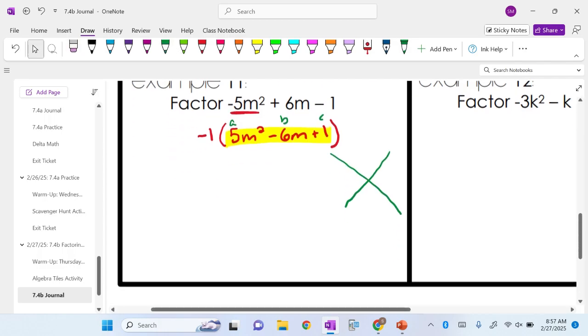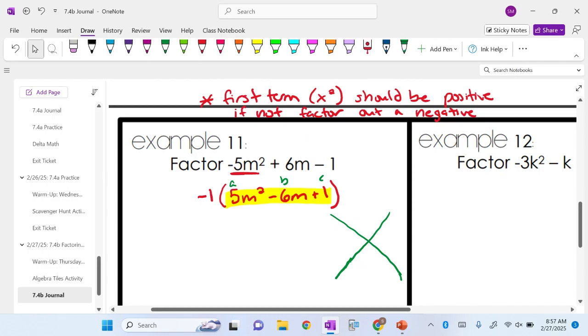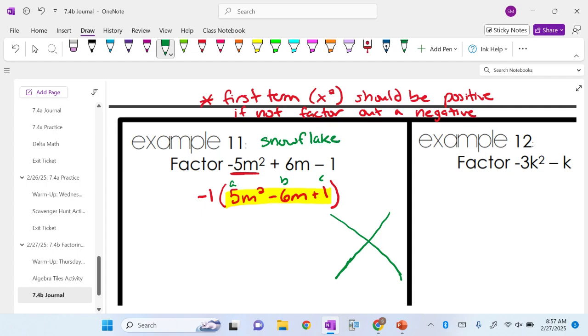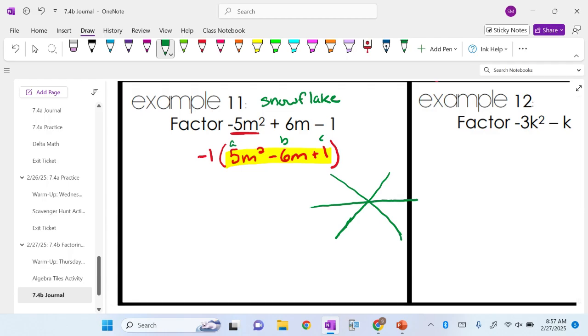And just to save some time, now I'm going to teach you guys another method. This one's called snowflake. With snowflake, it's just like big X, except you add one extra line. So your factors would go down here.